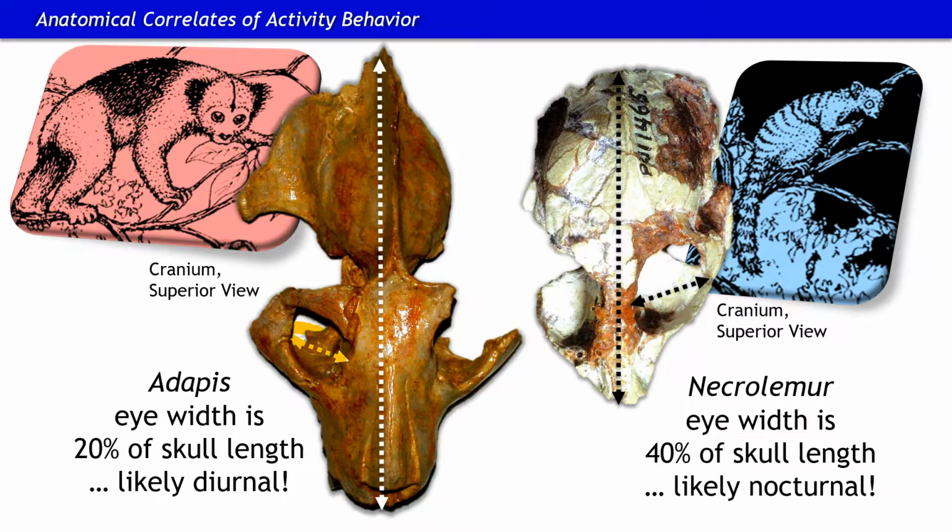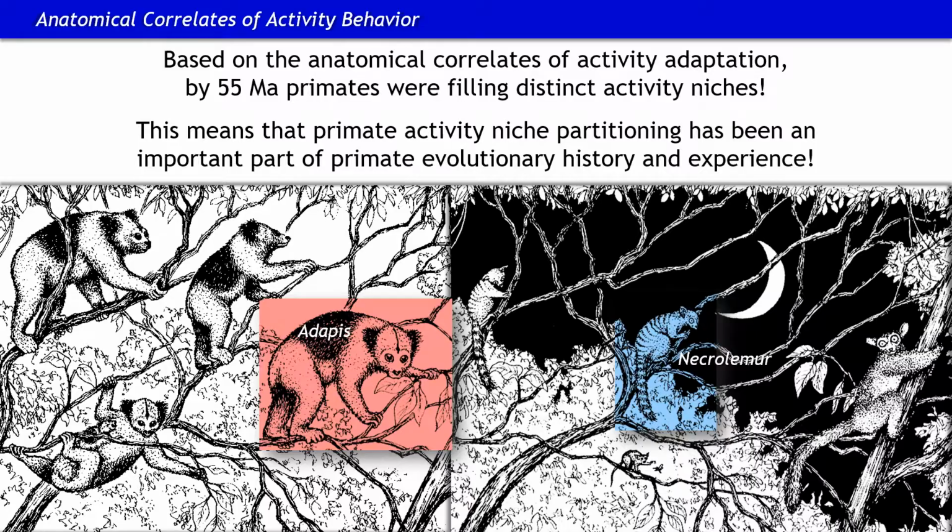And then the Necrolemur eye width is about 40% of skull length. They were likely diurnal. And you can see that the eye orbit in Adapus is small for skull length, and in Necrolemur it is large for skull length, 40%.